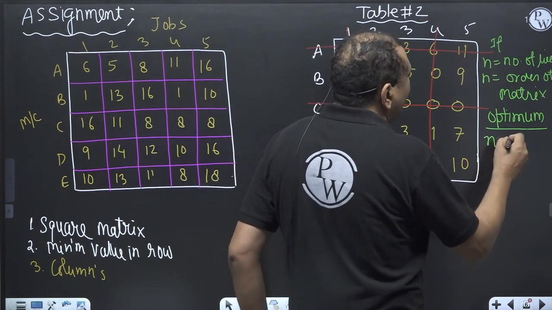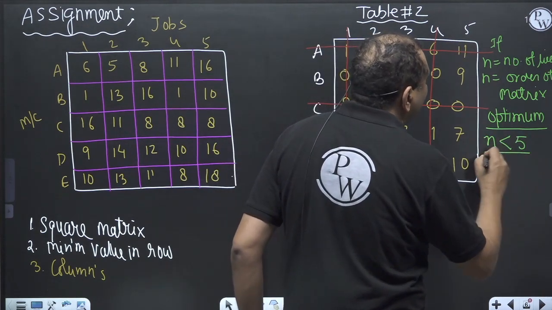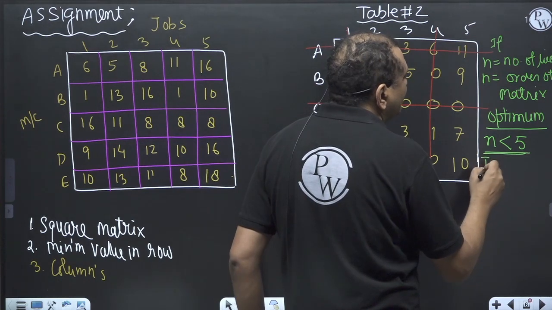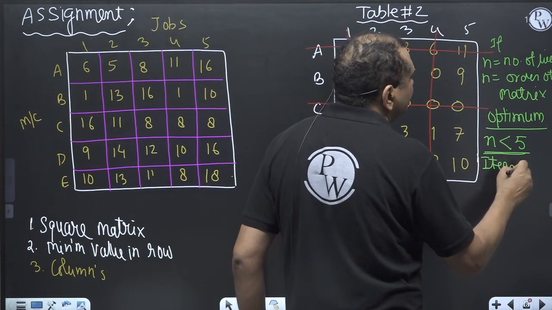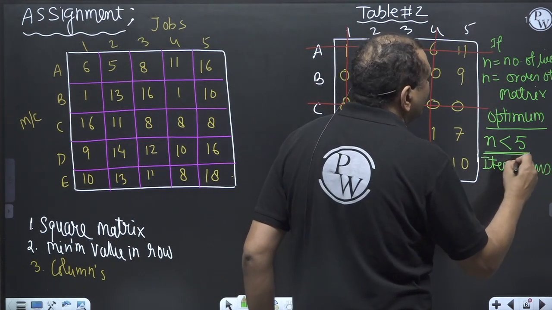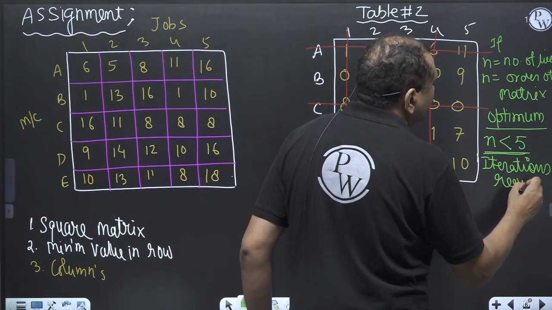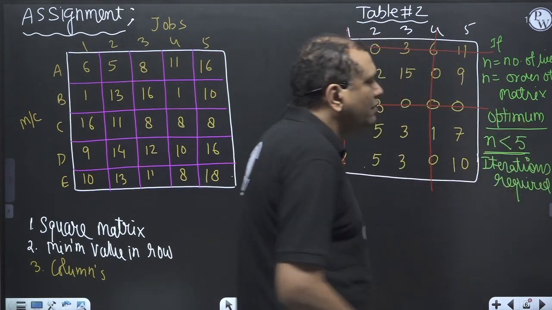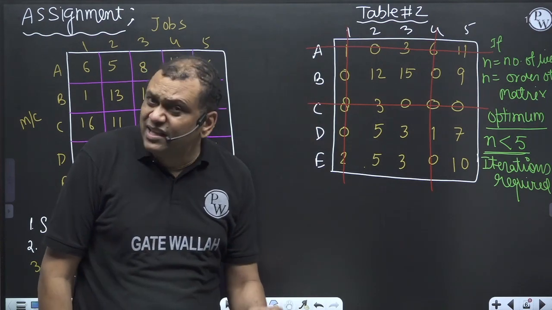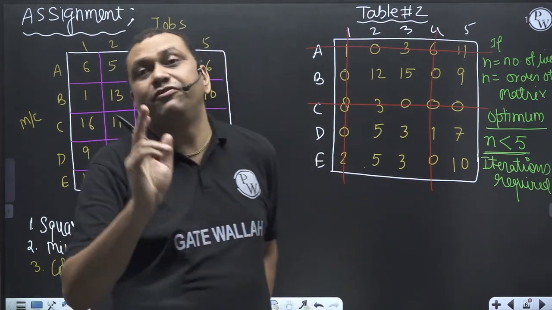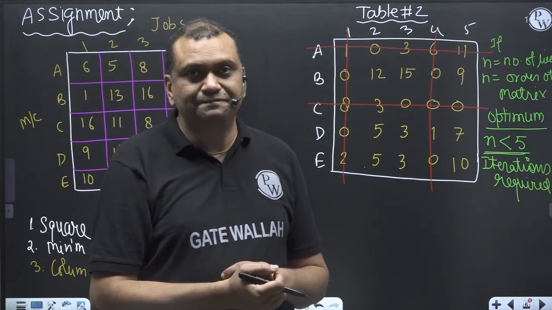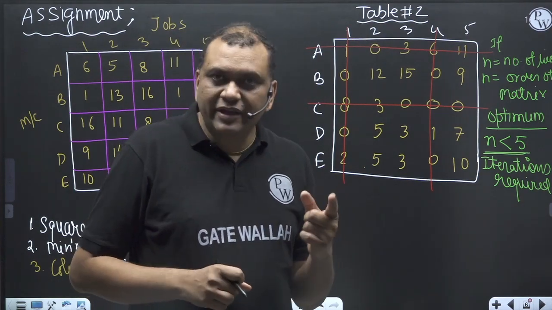But if the number of lines is less than the order of the matrix, it means further iterations are required. Okay?